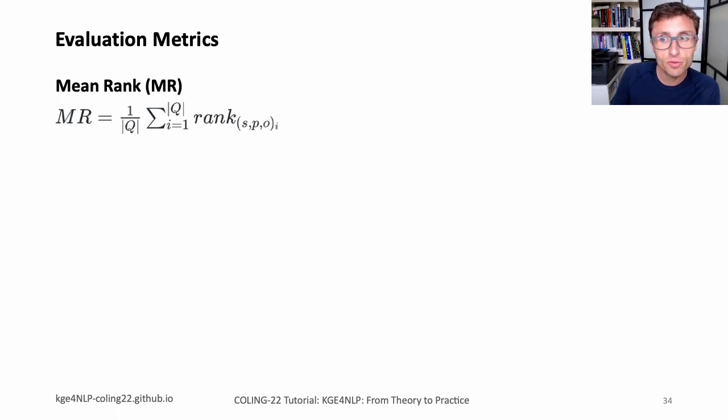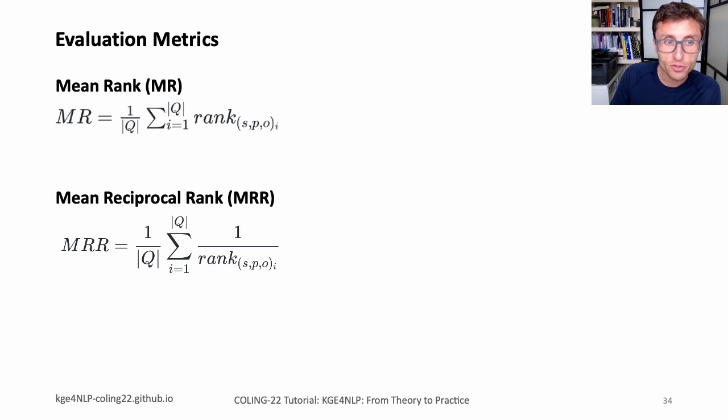This metric is a bit too sensitive to outliers, so in practice what is being used is a variation of this metric called mean reciprocal rank, where we simply invert the rank so that poorly ranked triples which have not been learned properly by the model do not mess up the score entirely, so it's a bit less sensitive to outliers.